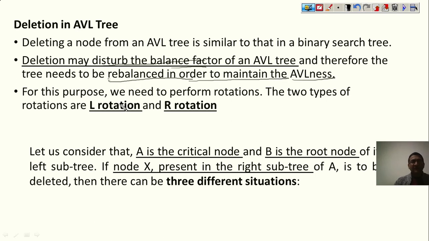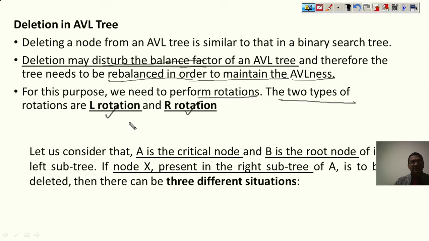Whenever the tree becomes unbalanced, we need to perform some operation, and these operations are done in the form of rotations. When we talk about the deletion operation, we do two types of rotations: left rotation, or L rotation, and right rotation, or R rotation.